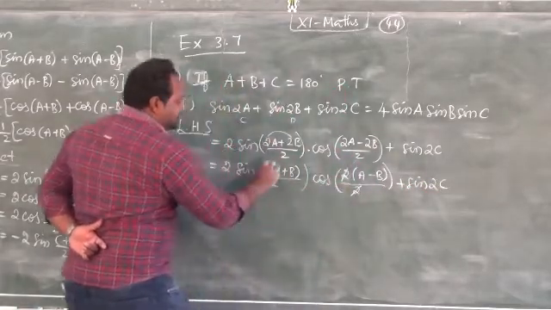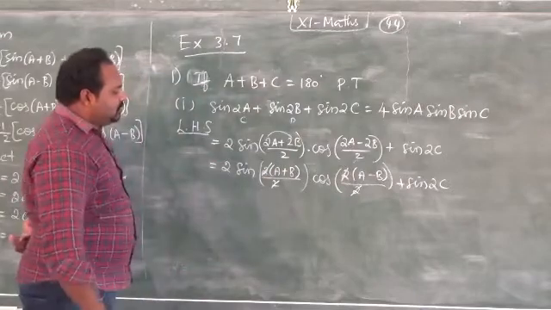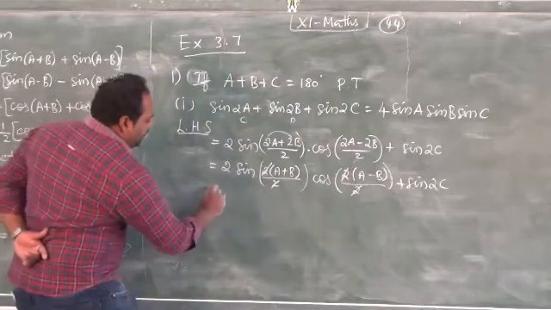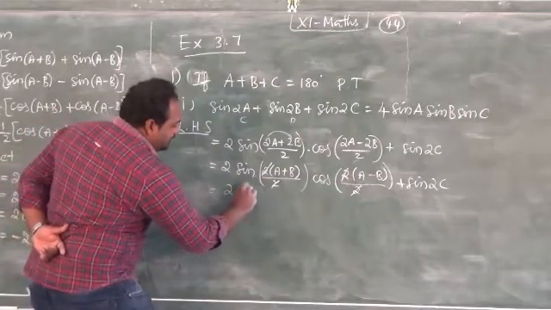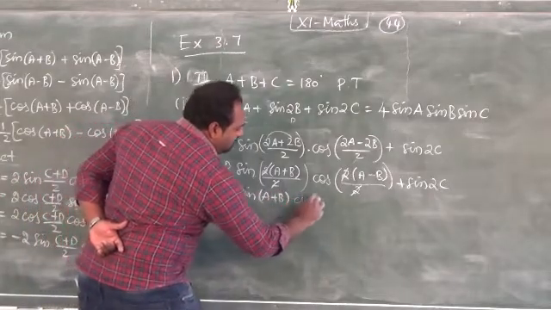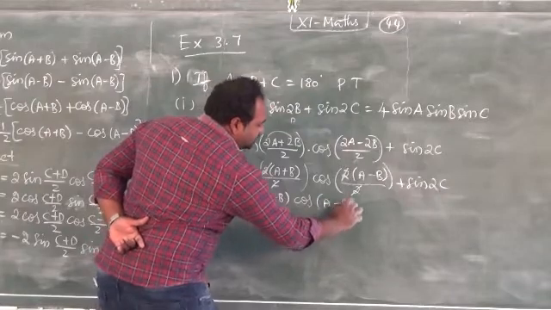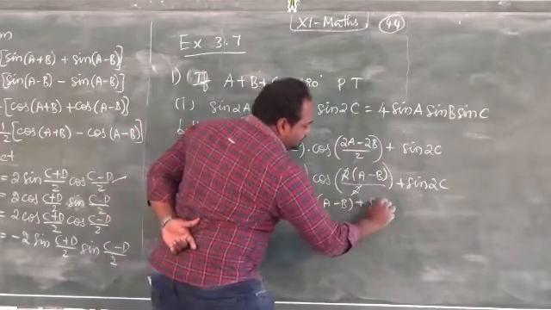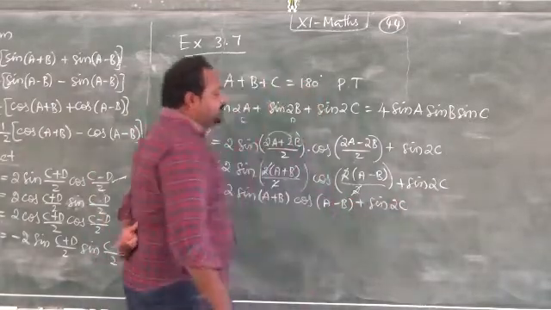Here we can have a cancellation of 2 in numerator and denominator. Remaining, we have 2 sin (A plus B) cos (A minus B) plus sin 2C.